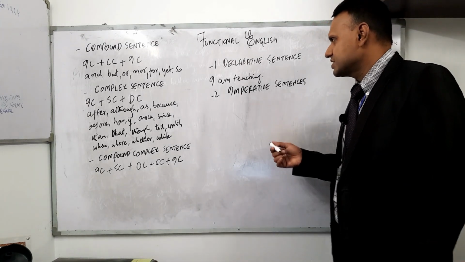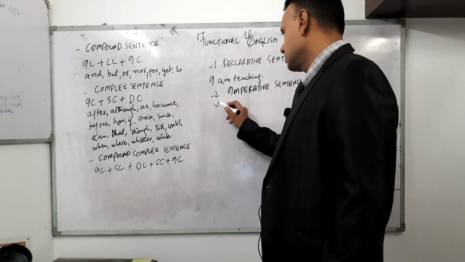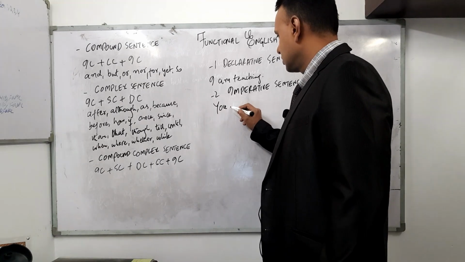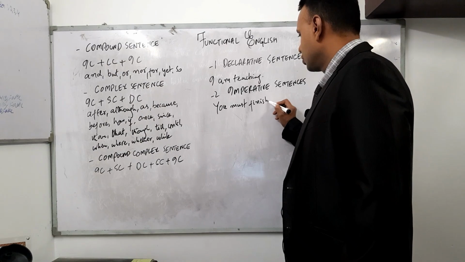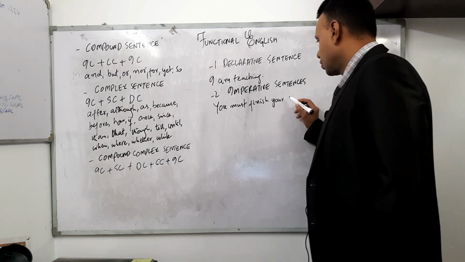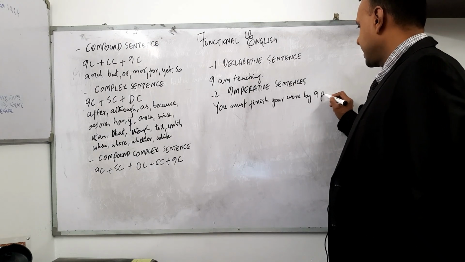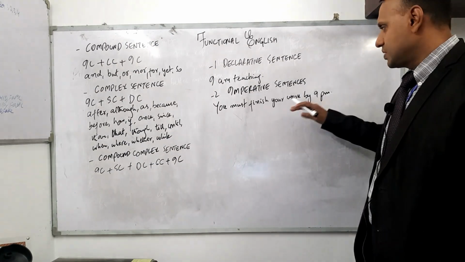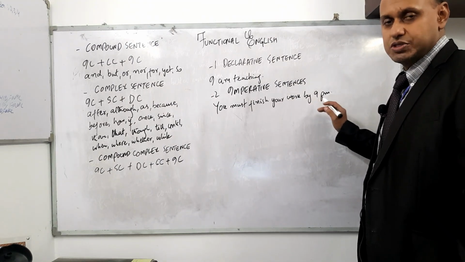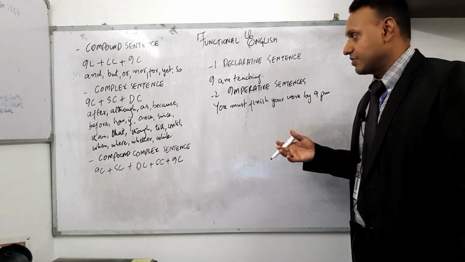So if you discuss an imperative sentence, what comes to your mind? You must finish your work by 9 p.m. So there's a command in there that you must do something by so and so deadline. So that is an imperative sentence, that makes it imperative.